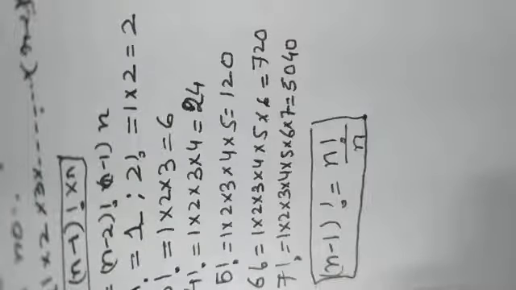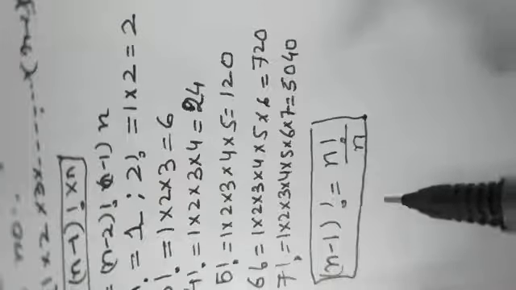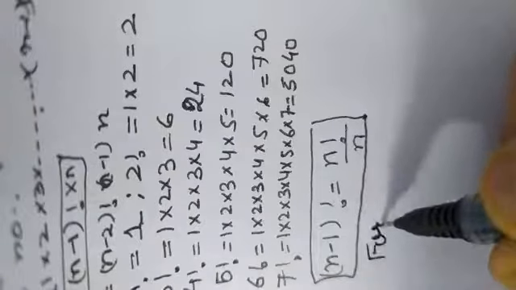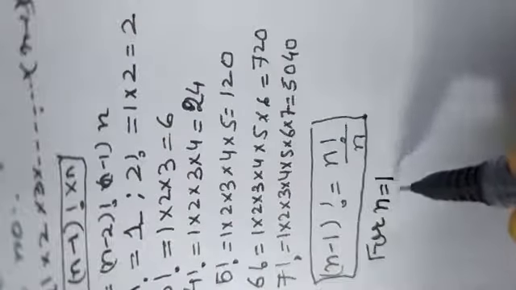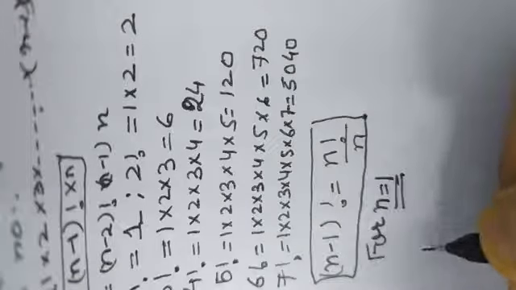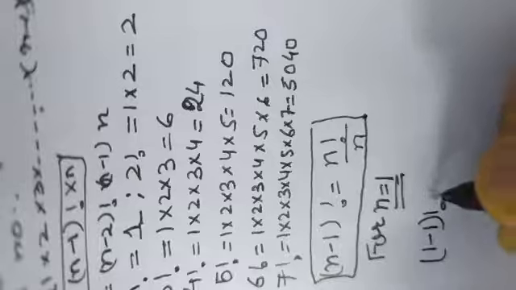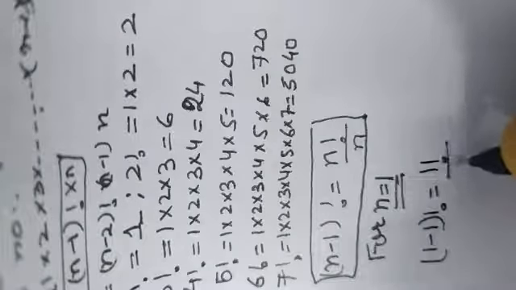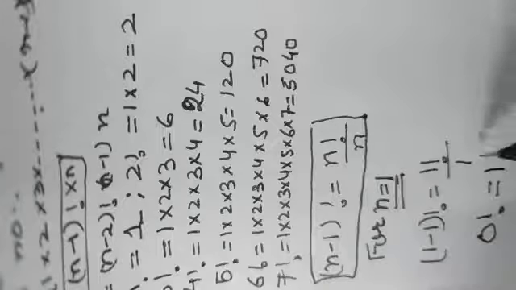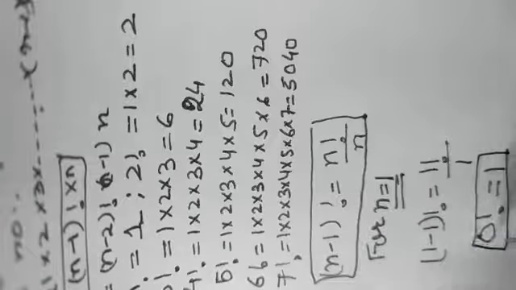If I am saying that it is the product of n natural numbers, then what is the minimum value I can put for n? I can put n equal to 1. Now pay attention: I put the value of n as 1 in this relation and I got 1 minus 1 factorial equals 1 factorial upon 1. Now 1 minus 1 becomes 0 factorial, and it is 1. So I am defining the factorial of a number which is not natural.